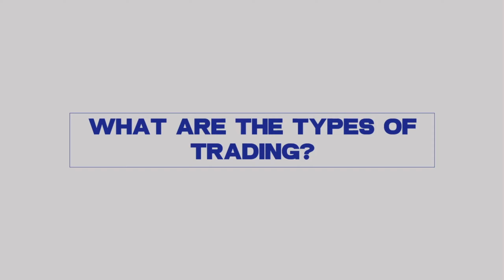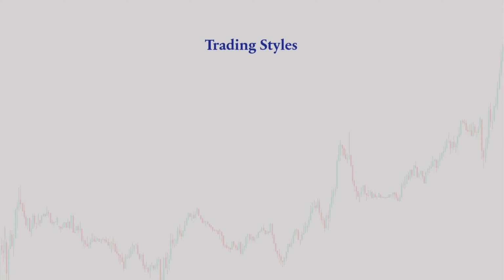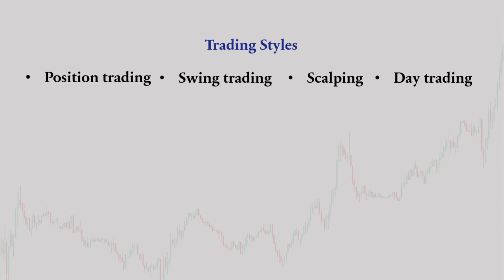So now what I need you to know is, let's dive into the types of trading. Now, when we talk about types of trading, I categorize it into styles, because the types of trading are just based on the trader's style, right? So we have position trading, we have swing trading, scalping is also one of the trading styles, and we have day trading.